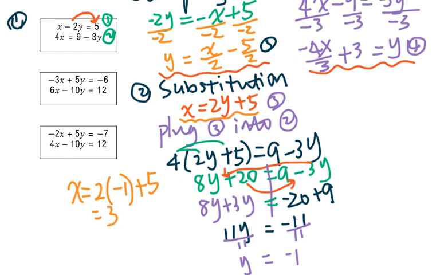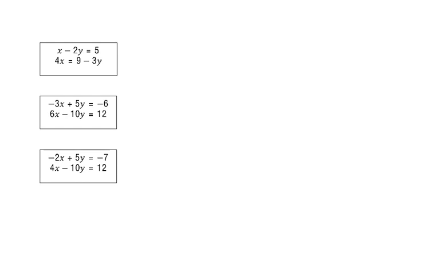Then I get 3. So my answer will be (3, negative 1). That's the final answer. Now I will use the third method to solve the first system of equations, which is elimination.